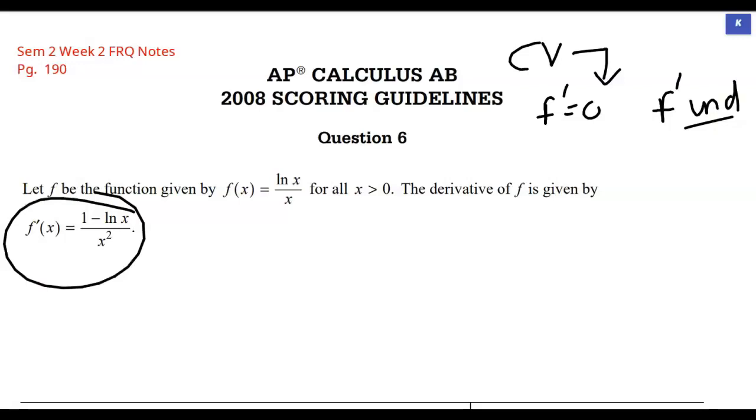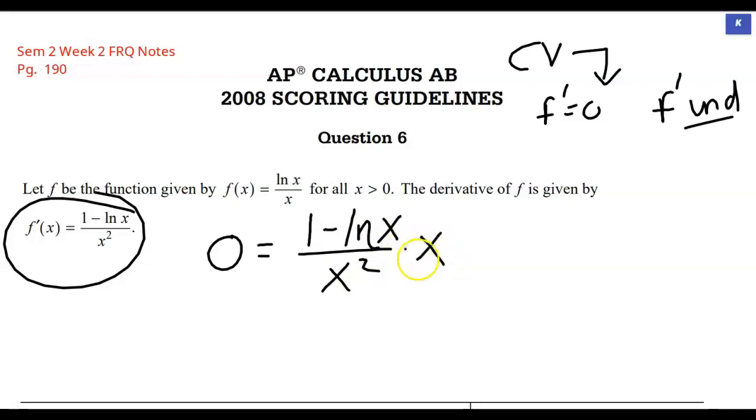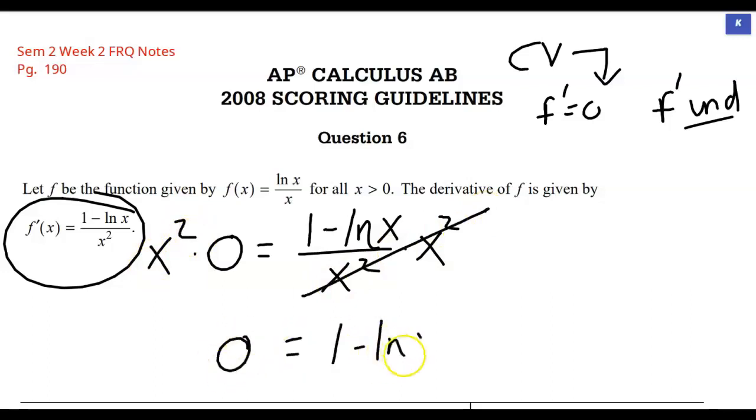Well, let's go ahead and set it equal to 0 first and see where it equals 0. So to solve this equation, multiply both sides by x squared first. 0 times x squared is still 0. Let's go ahead and add ln of x to the other side.